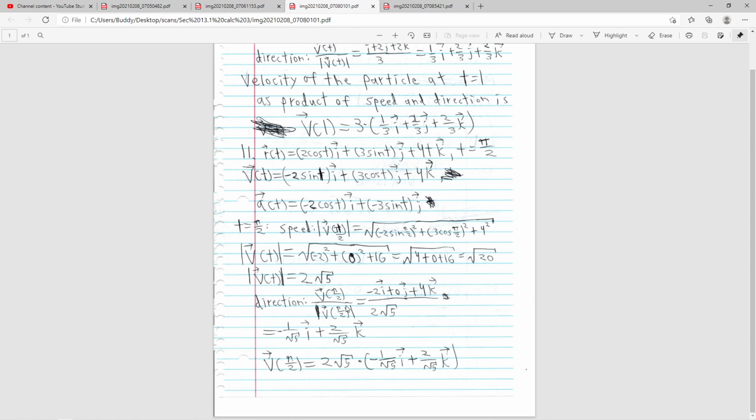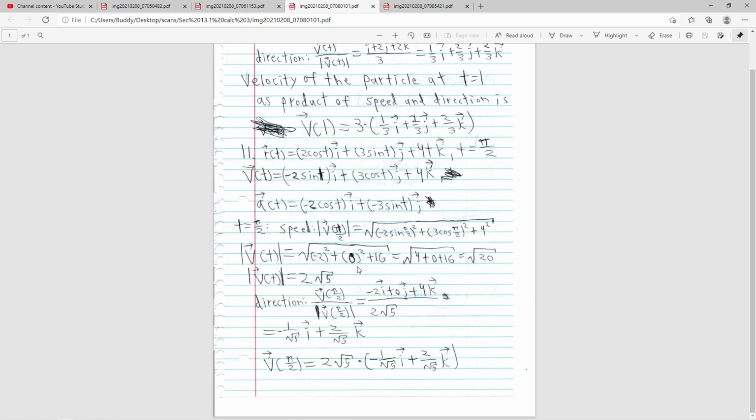And direction is v(π/2) divided by the magnitude of v(π/2). So 2√5, we already know the denominator, and −2i + 0j + 4k, with −2 from −2 sin π/2, which is −2, because sine of π/2 is 1. Cosine of π/2 is 0.